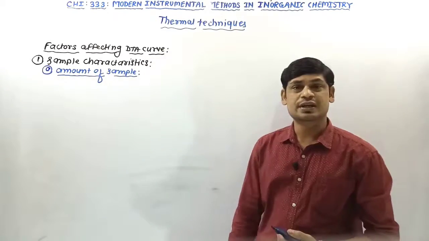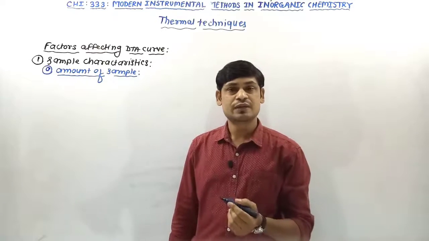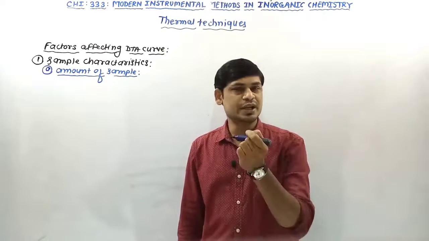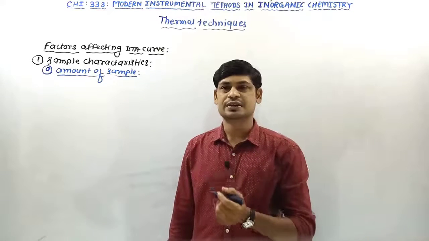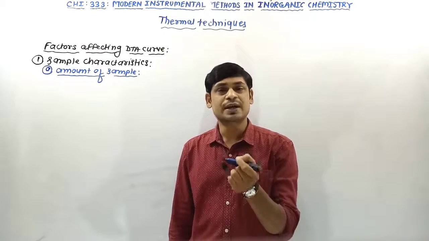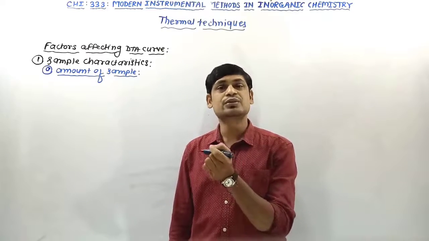As we discussed earlier, in a DTA, a very small sample is required, in terms of milligrams. If the sample is in terms of grams, it will affect the DTA.